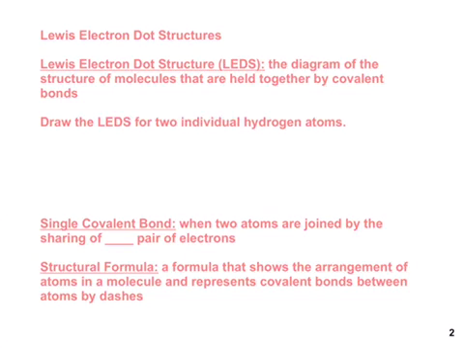We can diagram these covalent bonds with Lewis structures. We've started practicing with Lewis structures already, and we know that Lewis structures, or Lewis dot diagrams or dot structures, show the valence electrons. A Lewis electron dot structure is the diagram of the structure of molecules that are held together by covalent bonds.